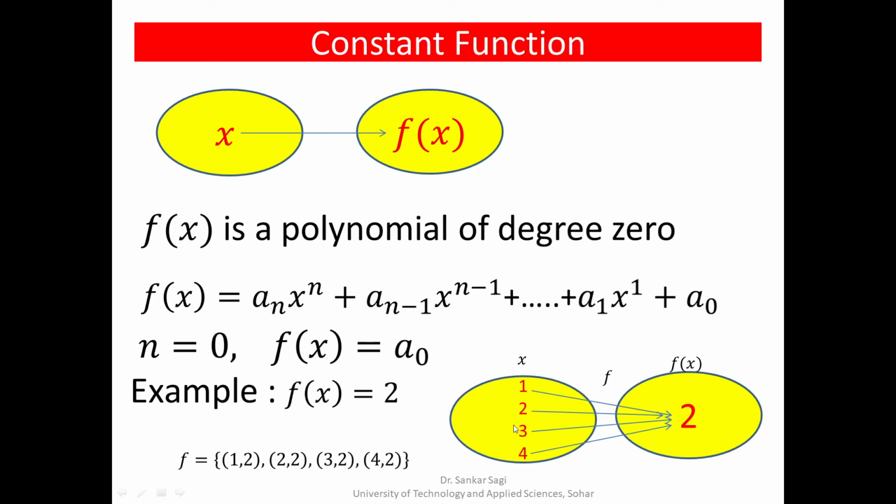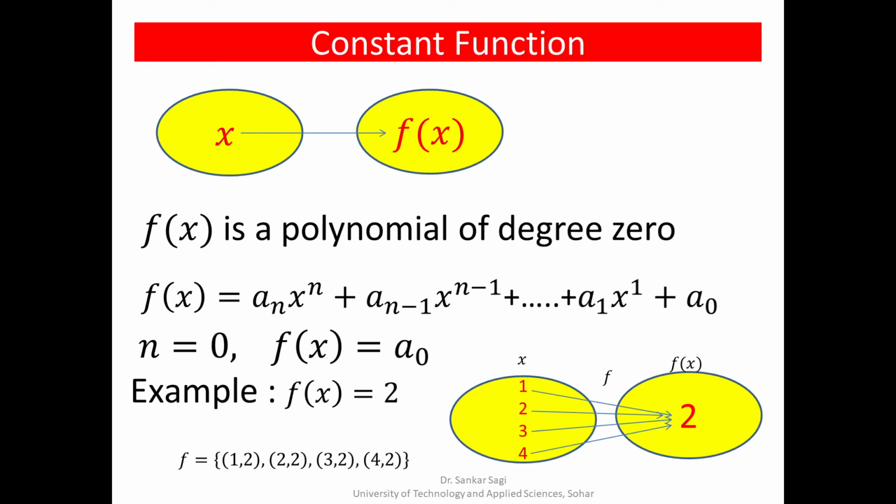And if x is 3, again the image is 2, and if x is 4, the image is again 2. Therefore the constant function f can be written as a set of ordered pairs (1,2), (2,2), (3,2), (4,2). That means the image of 1 is 2, the image of 2 is also 2, the image of 3 is also 2, and the image of 4 is also 2. So this is about the constant function.